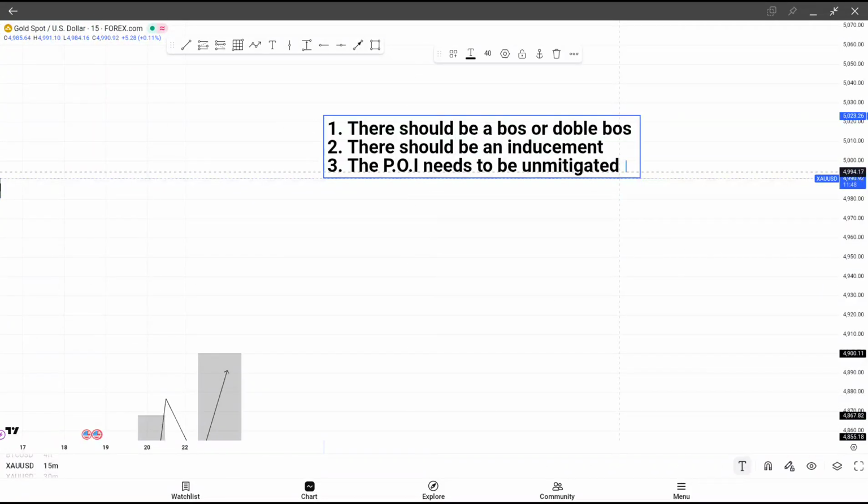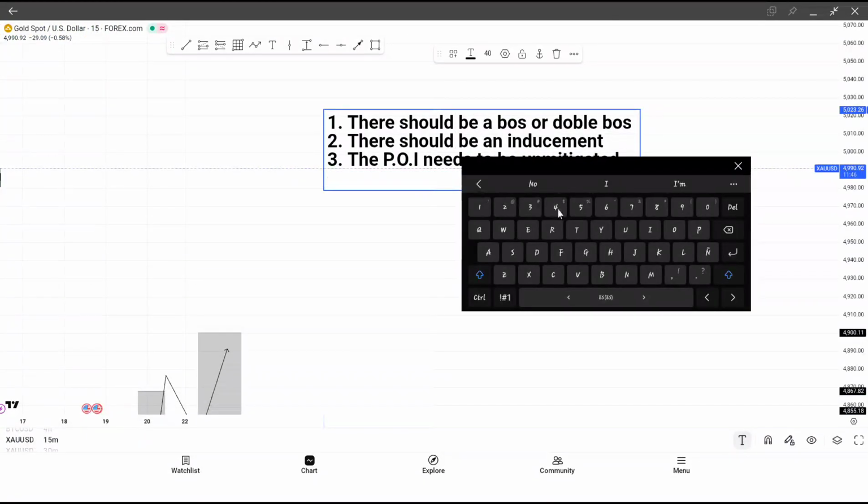Okay, let's go to the last rule of the point of interest. You pick the point of interest, let me put POI, point of interest nearest to the inducement.